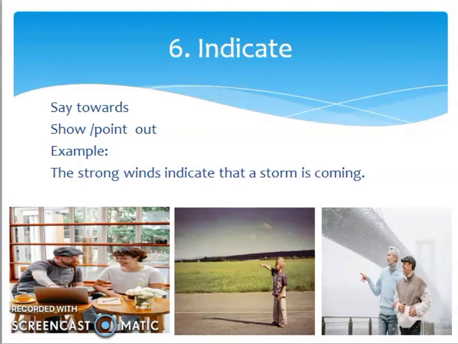indicate. So we could see that the root word dict is here. Now, when you indicate something, actually you say, or you show, or you point out something. Okay?